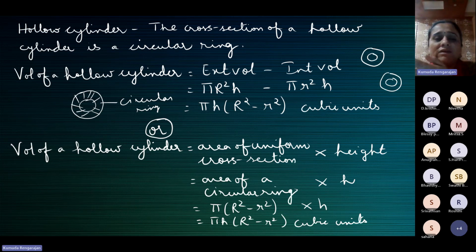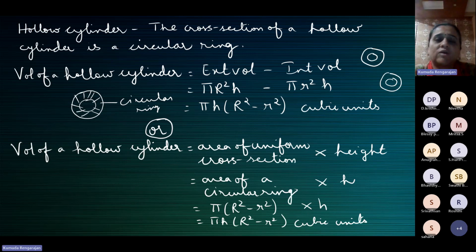That's why we say the cross section of a cube is a square. If you have many paper cutouts of rectangles of some dimension, say 10 by 6, you place them one over the other, you stack them up to any height, the solid obtained is a cuboid. So the cross section of a cuboid is a rectangle.